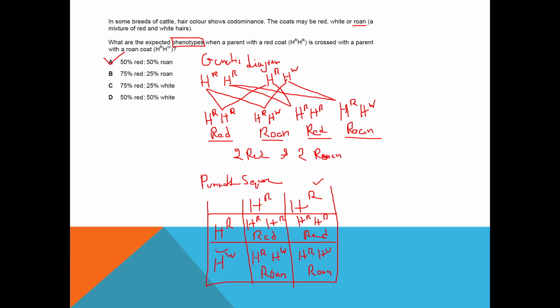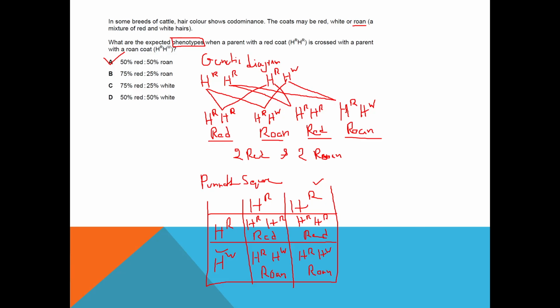Alright, so the calculation is easy. As you can see, out of these 4 offspring, 2 are red and the other 2 are roan. The question could also ask for the ratio of red cattle to roan cattle.